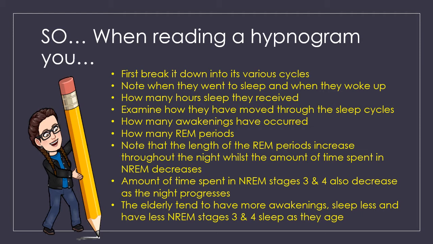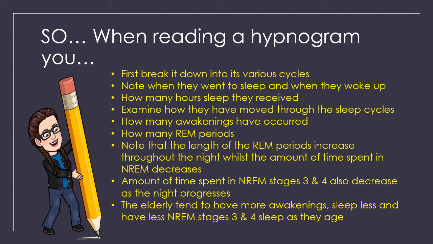So when you're reading a hypnogram, you should first break it down into its various cycles. Then note when they went to sleep and when they woke up, how many hours sleep they received, examine how they have moved through the sleep cycles, how many awakenings have occurred, how many REM periods.